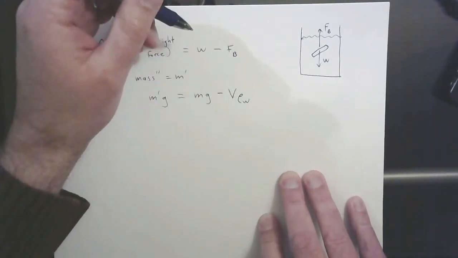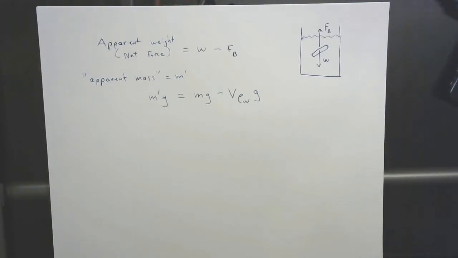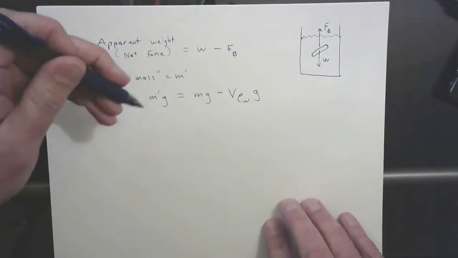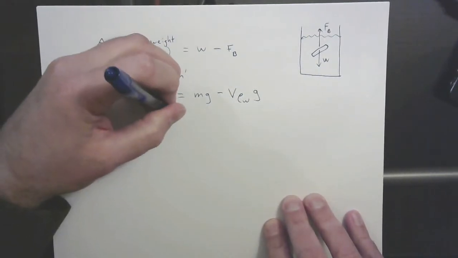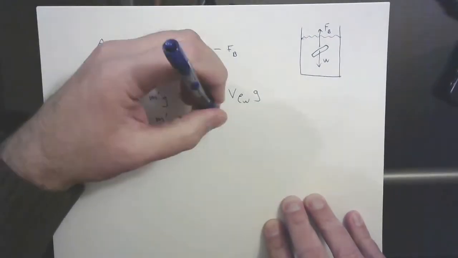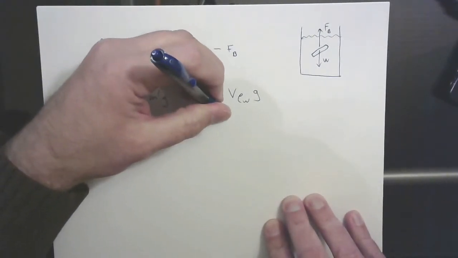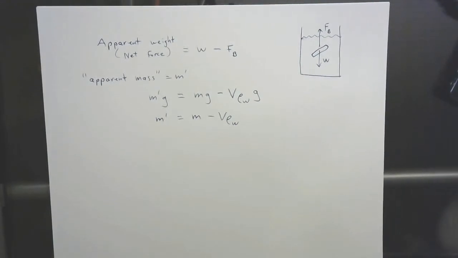Remember, that's kind of mixed up there, times the acceleration due to gravity. And of course, you can divide those g's out if you want to. So your apparent mass is the actual mass of the coin minus volume times the density of water. So that's not a huge, hairy, scary equation.